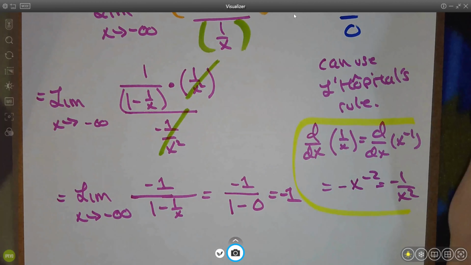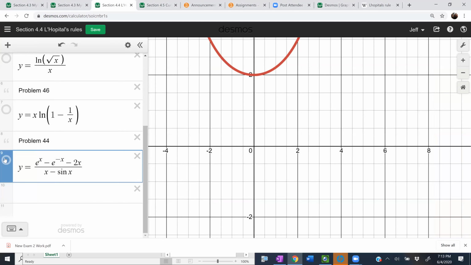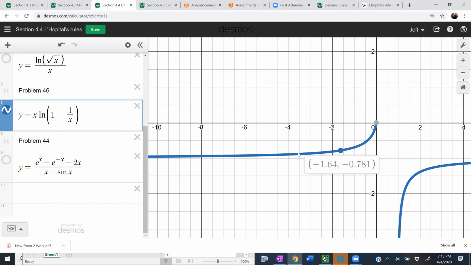Let me see if I got that one graphed on my link. Any questions before I switch screens here? All right, let's go back here. And that's cool. Got that one there. But the limit is not as x approaches 0. Remember, the limit is as x approaches negative infinity. As you get farther and farther out the x-axis in the negative direction, you're going to get closer and closer to negative 1.